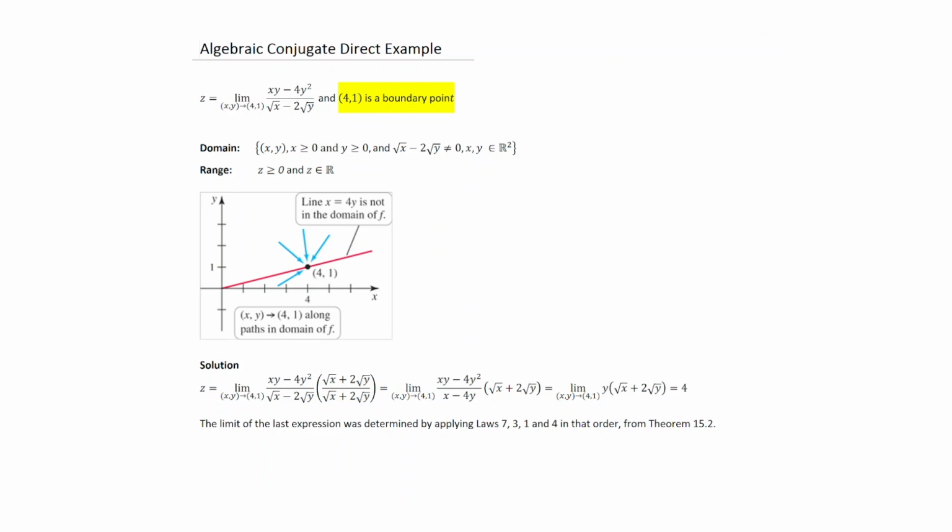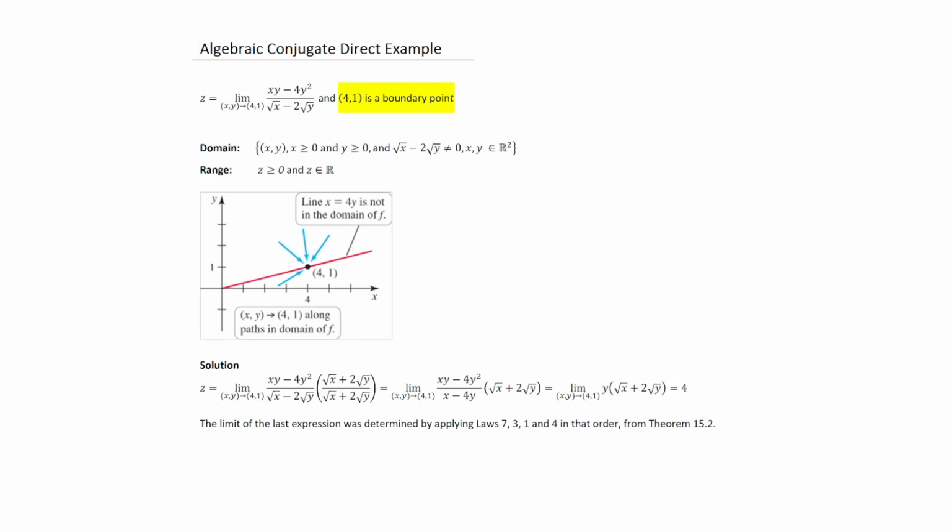However, what it does allow us to do is to simplify the denominator term, and so the denominator term becomes x minus 4y. On the numerator, you'll have the root x plus 2 square root of y, and also you'll have xy minus 4y squared.